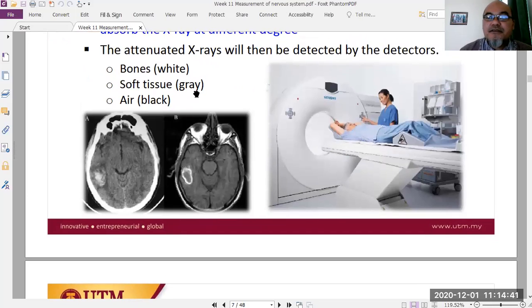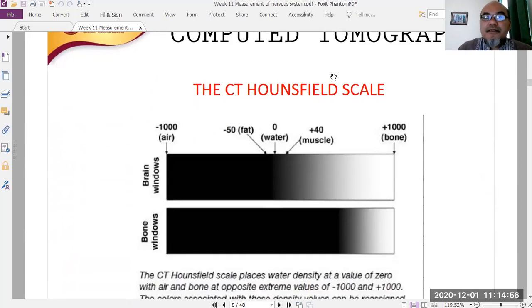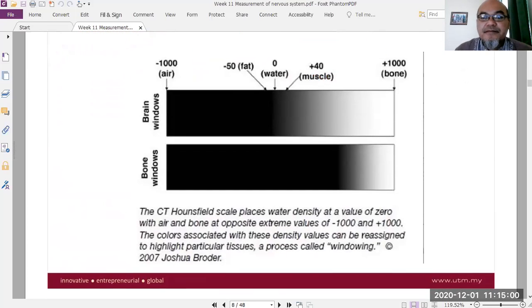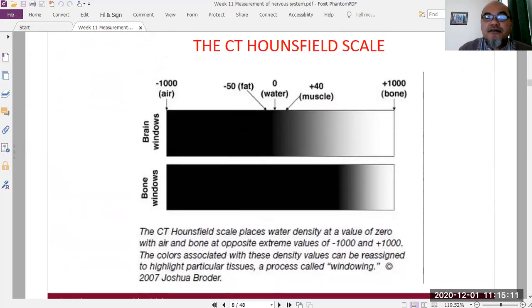As usual, the bones absorb the most, so they appear as white. The soft tissue absorbs a little bit, so it appears as gray, while the air absorbs very little, so it appears as black. So this is the computed tomography scale, with the water density at the value of 0, which is in the middle, with air and bone at opposite extremes of -1000 to +1000.